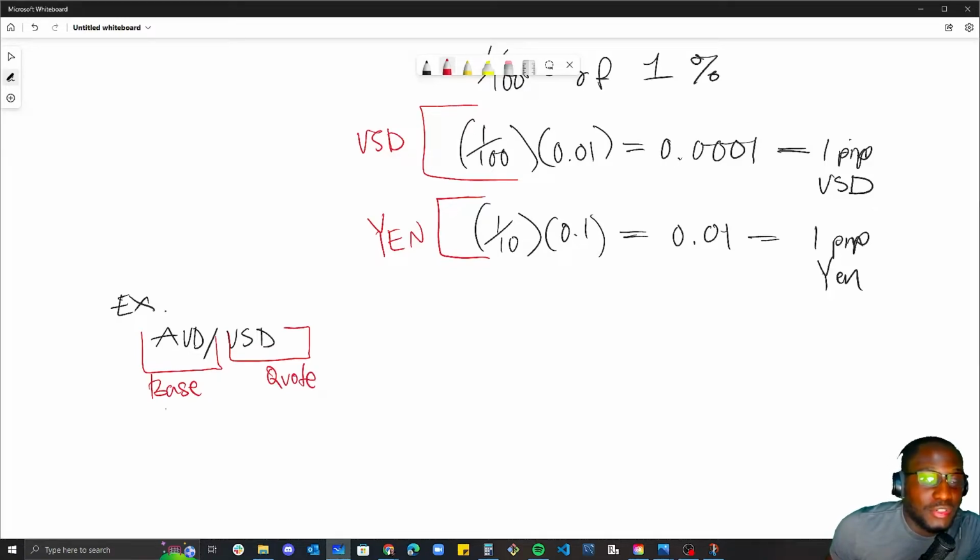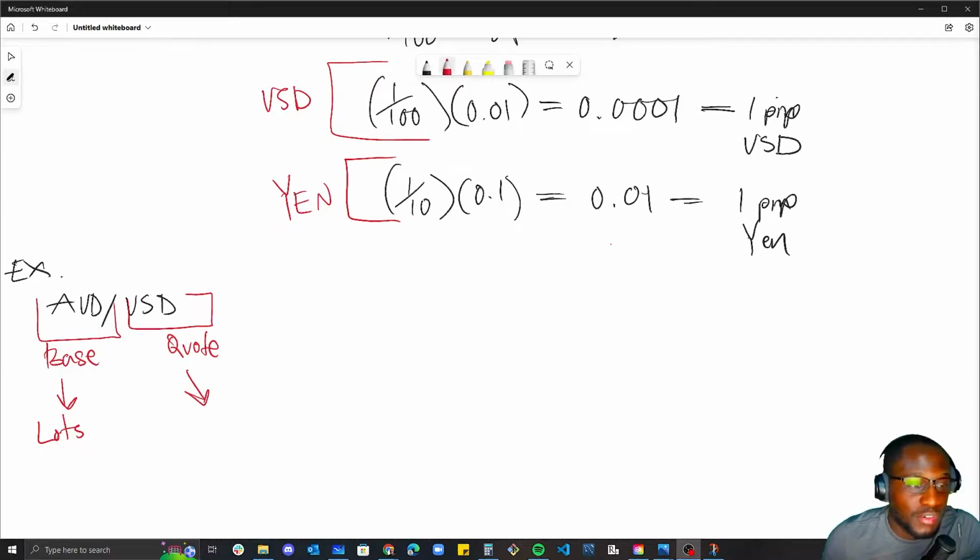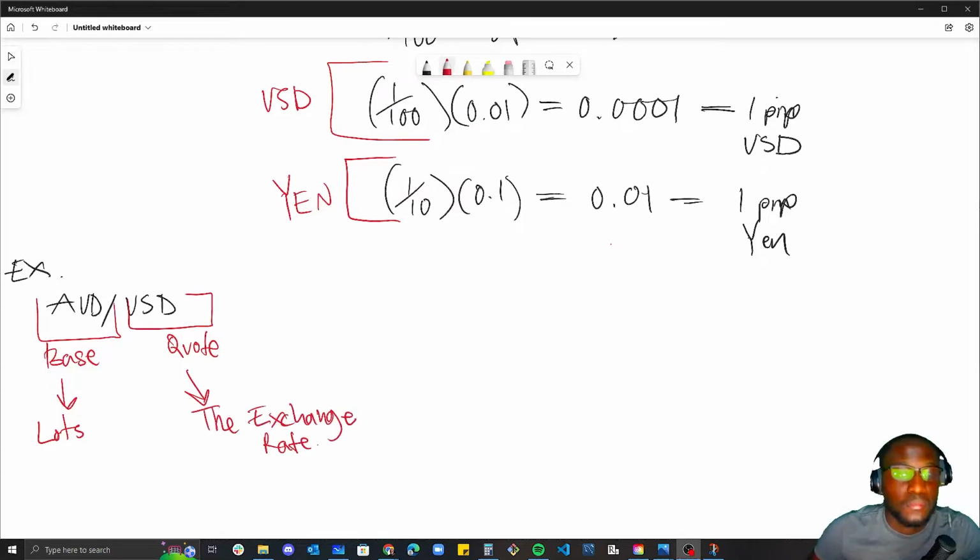The base currency is what lots are traded in, and the quote currency is how much of it I need to buy 1 unit of the base currency, which is the exchange rate that's shown as the ticker.